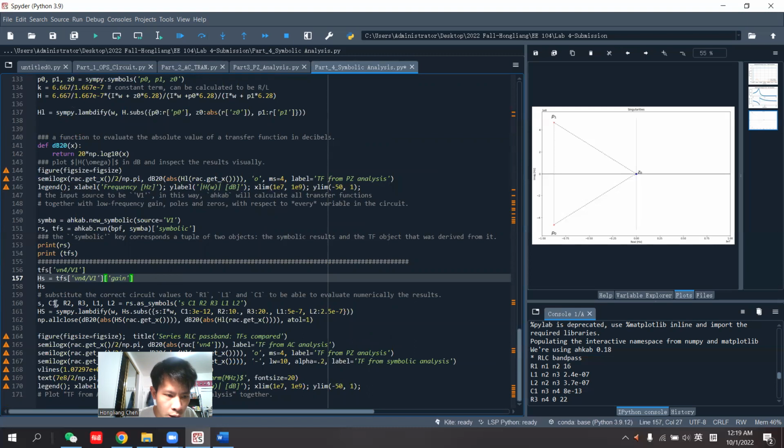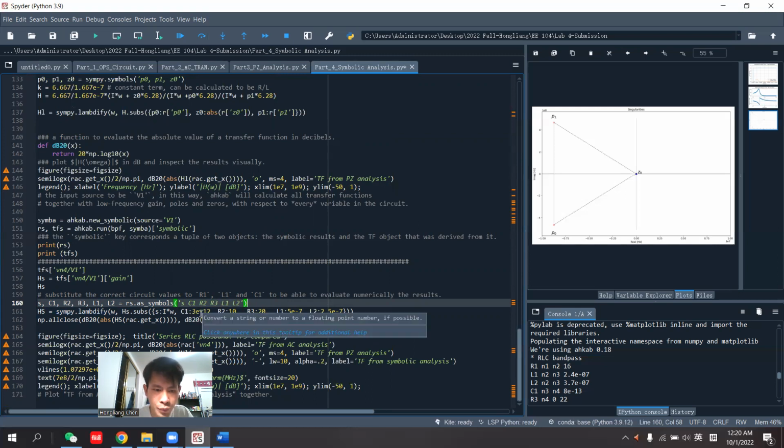Then I have to substitute the correct circuit values. In this case, I assign all the components here, with the capacitor equal to 3 times 10 to the negative 12, 10 ohms at resistor 2, and 20 ohms at resistor 3.